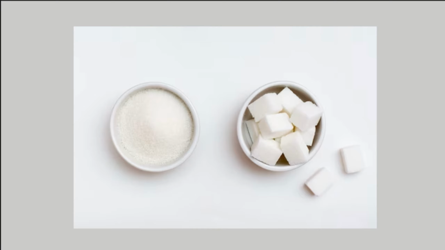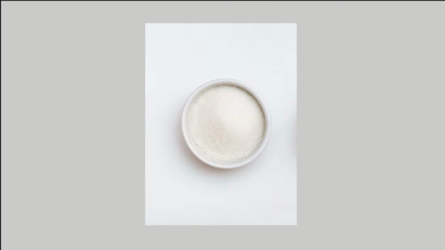In this example, which do you think would dissolve faster, the granulated sugar or the cubed one? Of course, it's the granulated one, as it has finer surface area than that of cubed sugar. The finer the area is, the faster it will be dissolved.